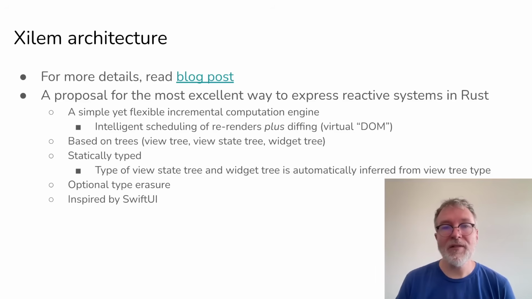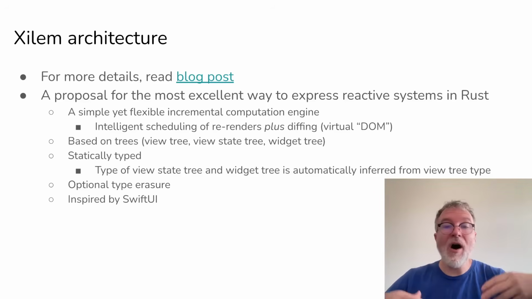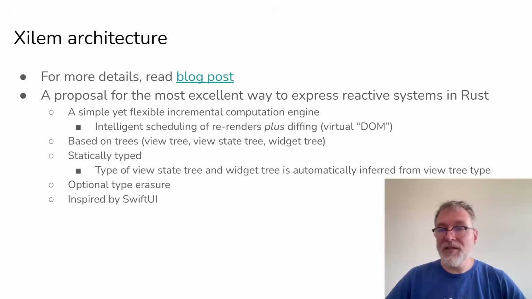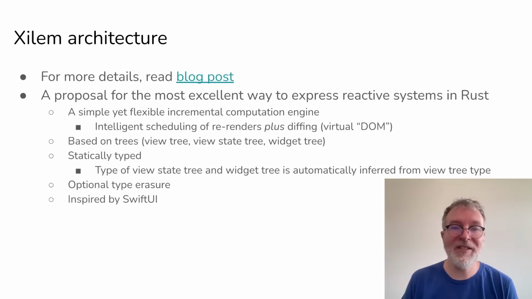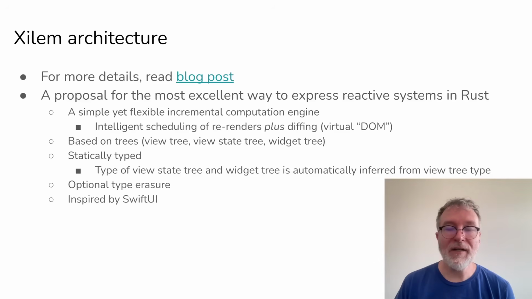One of the things that's special about Rust is that you have a very sophisticated type system. You have associated types. So if you have a view tree, you can use associated types to automatically infer the view state, because you need to persist state across multiple invocations. And this is also the widget tree, and all that's inferred. The programmer doesn't have to write that. The compiler is doing that work for you.